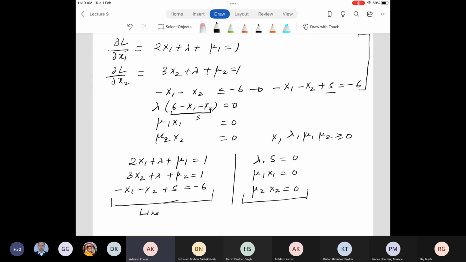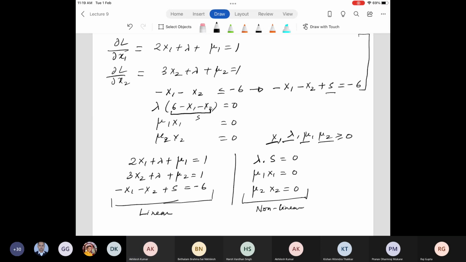This is linear and this is non-linear. Why? Because x, lambda, mu1, mu2, everything is a decision variable. When two decision variables are multiplied, it is no more a linear constraint. You agree? Yes, sir.